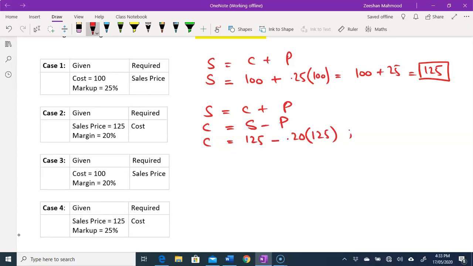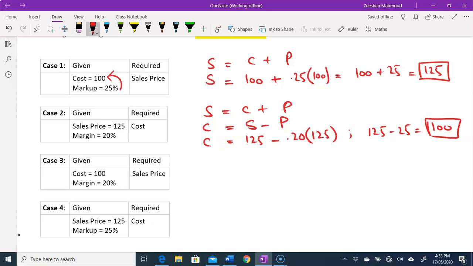If I do the further calculation, this is 125 minus 25. So in that manner, our cost is 100. Now these two cases are simple because we're given markup, which is a percentage of cost, and cost is given, so we can apply it straight away.